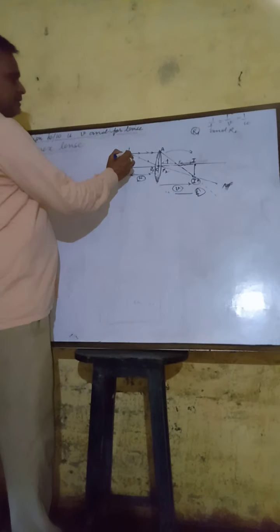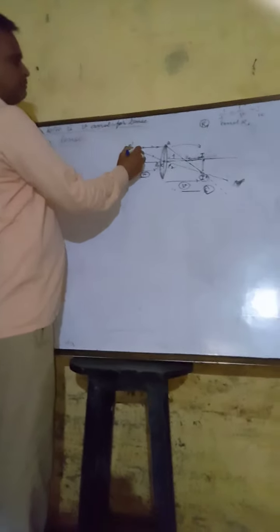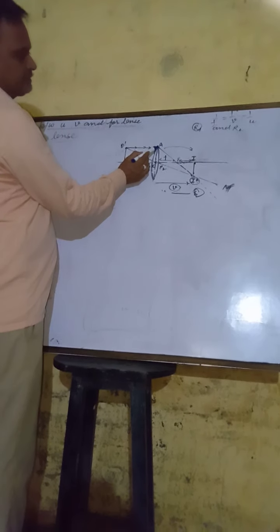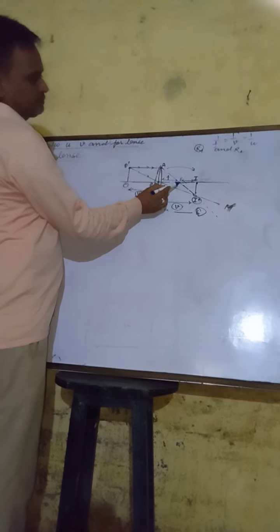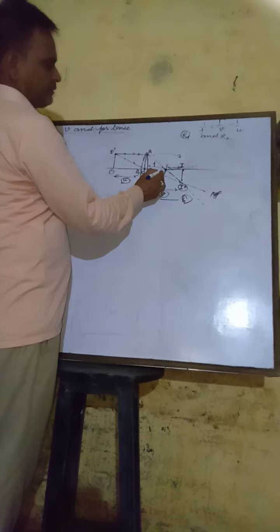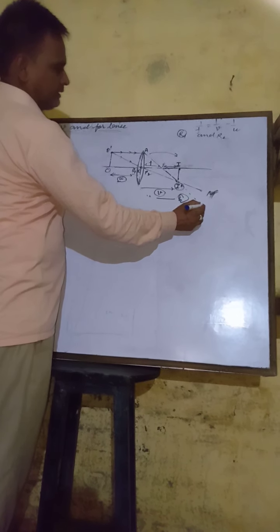A light ray travels O dash A along parallel to the principal axis, and after refraction it passes through the focal point F of the lens and goes along the AL direction.